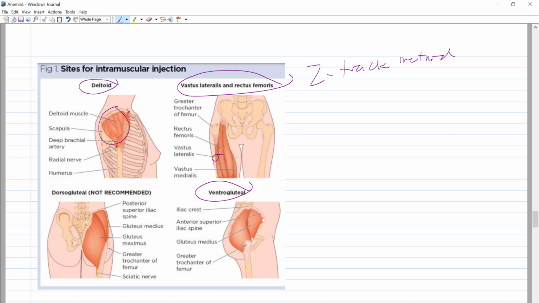But again, other nursing management here is that you have to ensure that the patient is protected from burns and trauma because of a diminished sensation to heat and pain as a result of neurologic impairment. Because with vitamin B12 deficiency, they will have neurological impairment.